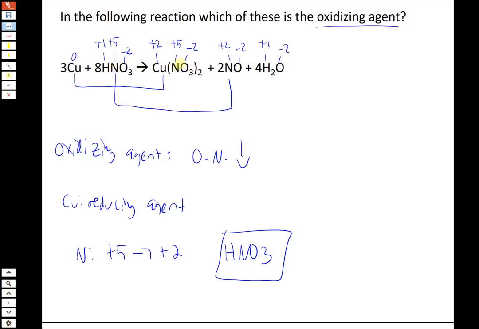It supplies the nitrate counterions and it gets reduced during the reaction, so it really is doing two things. But it would be the oxidizing agent because it's the one that is getting reduced during the reaction. Oxidation number going from +5 to +2. Whenever the oxidation number is decreasing, that means the species is getting reduced. And the whole thing, HNO3, would be what's classified as the oxidizing agent.